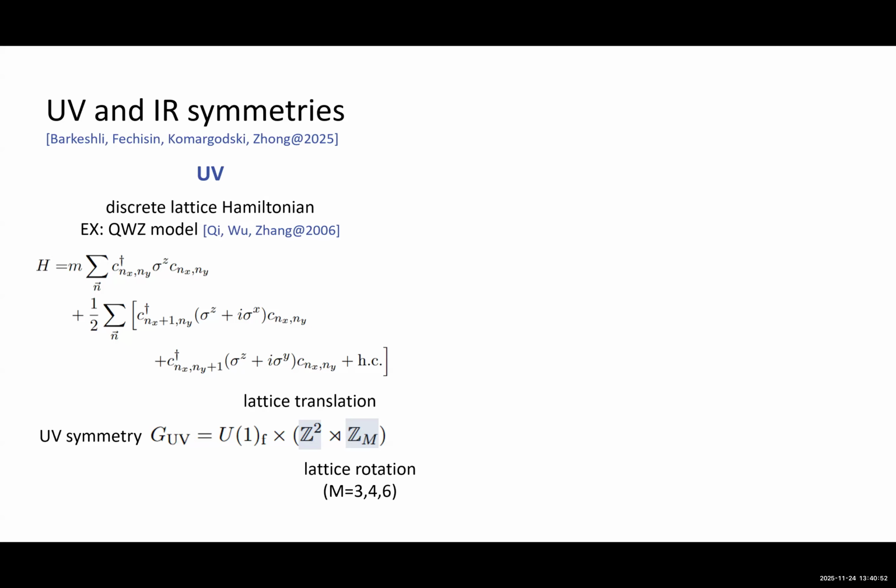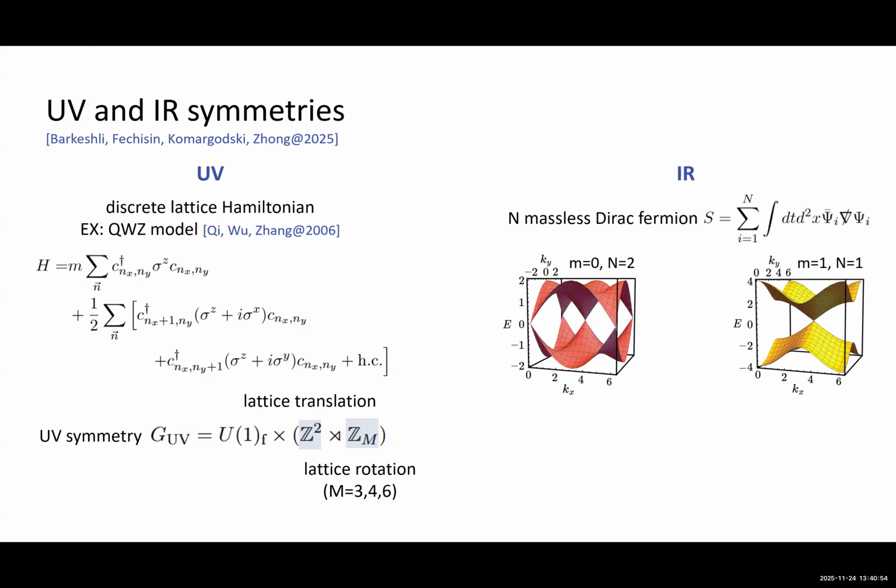Now, that's a different model as opposed to what you have in the continuum. For this particular model, at the quantum critical point with specific values of m, you can end up with either one or two or many flavors of Dirac fermions. The theory in the IR has dramatically different symmetries.